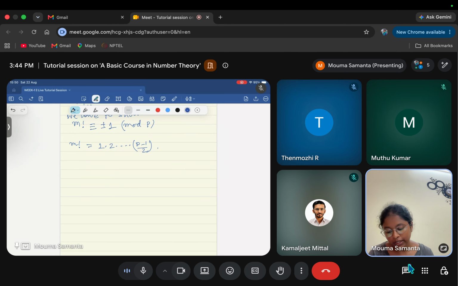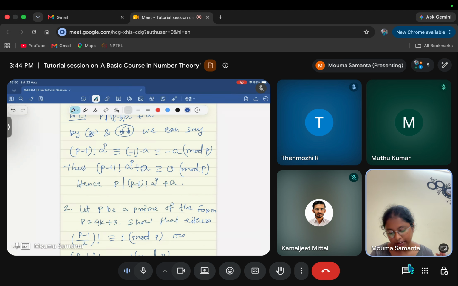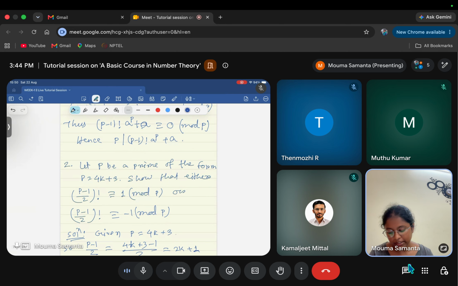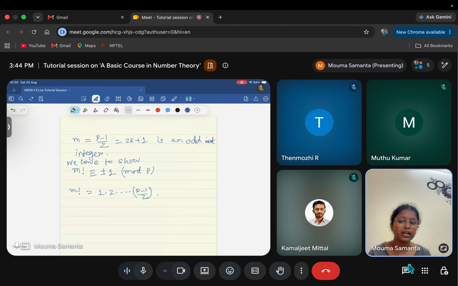Now what do we have given? We are given p is a prime. This is the only given condition, and from the form of p, that is p has the form 4k plus 3, we are just getting that the integer (p minus 1)/2 is an odd integer. So now since p is a prime, we can use Wilson's theorem here.